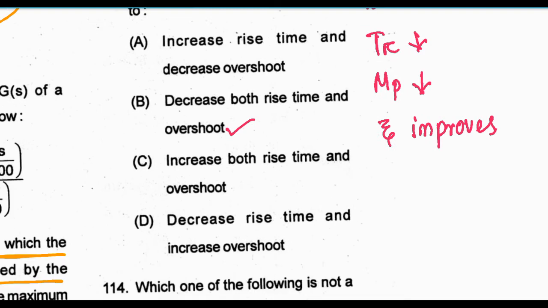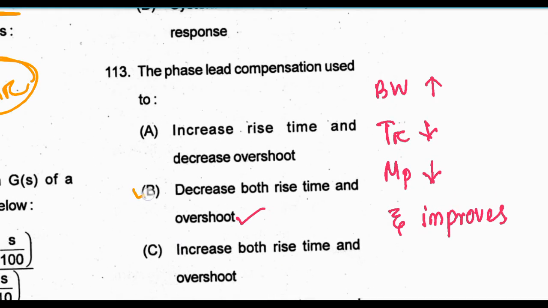So here B is the correct answer, that is decrease both rise time and overshoot. In case of lead compensation, bandwidth increases and the rise time decreases, the maximum overshoot also decreases, and zeta, the damping ratio, improves. Damping ratio improves, that means it goes towards 1.